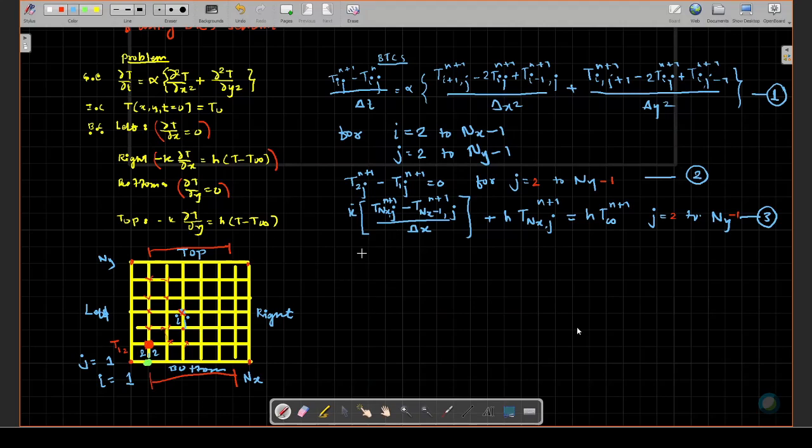Now for the bottom case, already we have I varying, and T I2 n plus 1 minus T I1 n plus 1 should be equal to 0. And this is for I, now I can say for I equals 1 to nx. Okay, no problem.